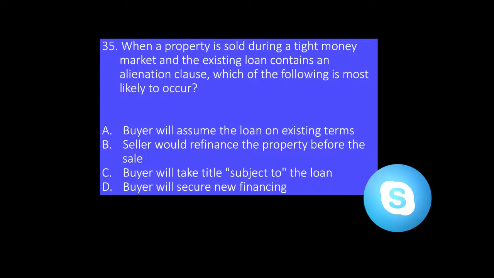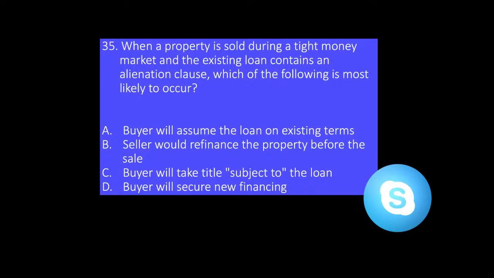Even though it's a tight money market, the most likely scenario is the buyer will still need to get their own loan. In other words, the buyer cannot take the property subject to the loan. The buyer cannot assume the loan. So what choice does the buyer have? The buyer has to get new financing. That's the best answer choice.